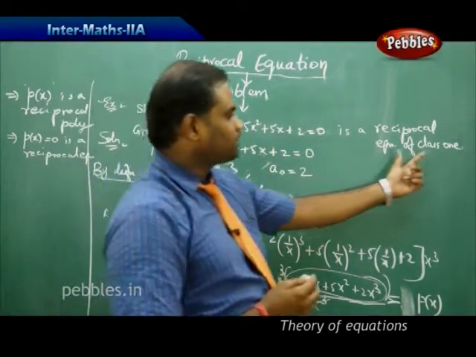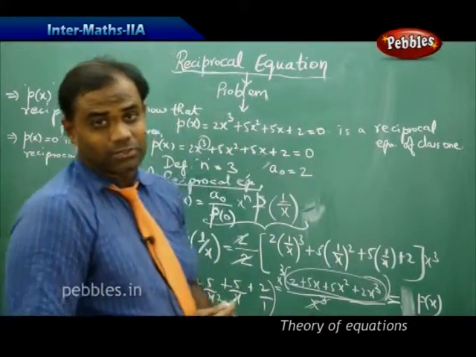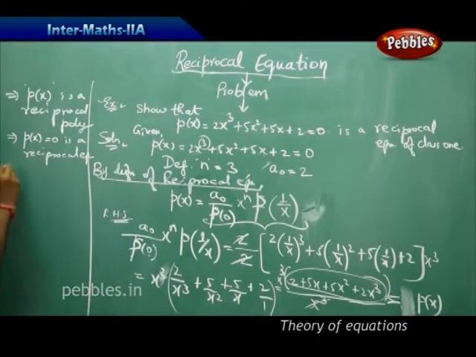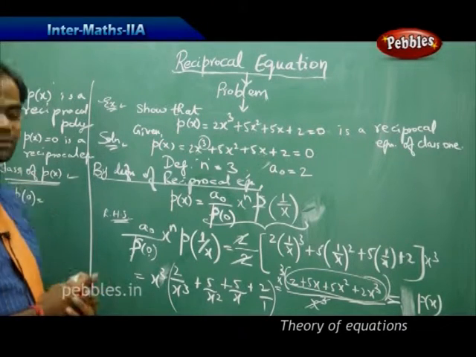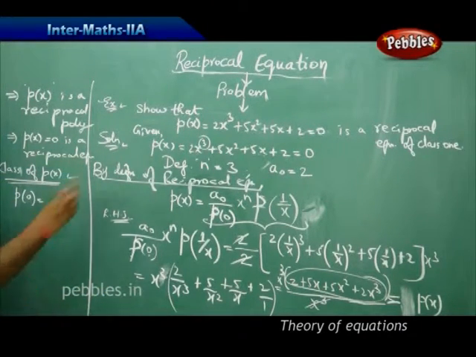But how do we identify that it is of class 1 or class 2 type? Clearly, for finding the class of P of x, we take P of 0 and compare it with the leading coefficient. When I put x equals 0, my P of 0 is 0 plus 0 plus 0 plus 2, which is 2.